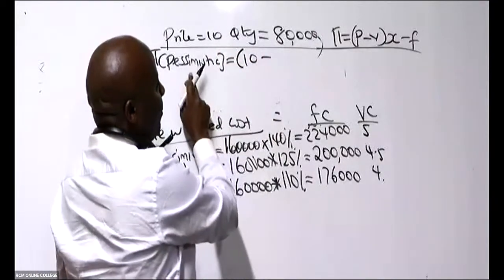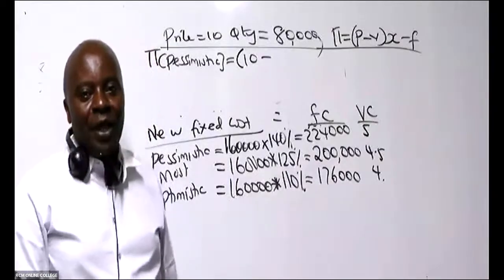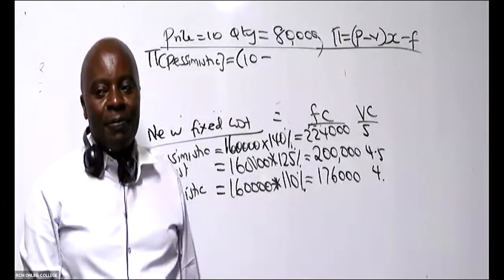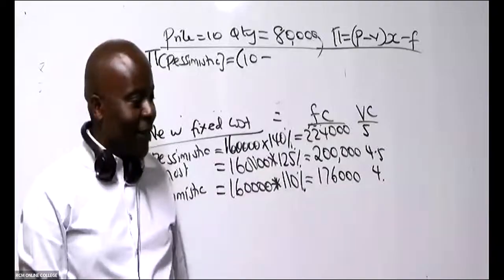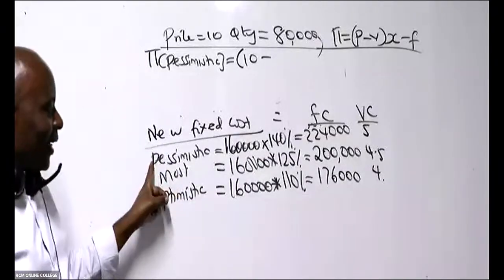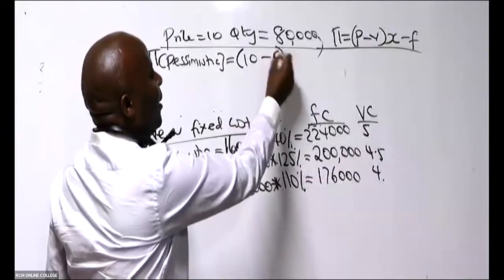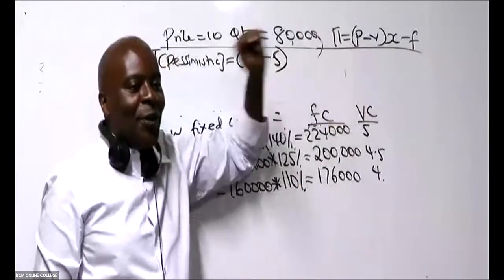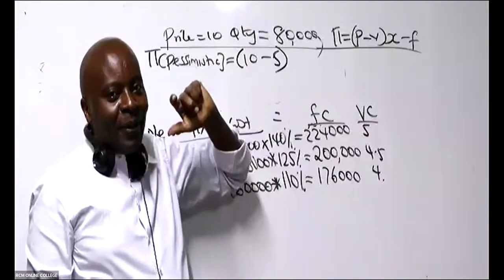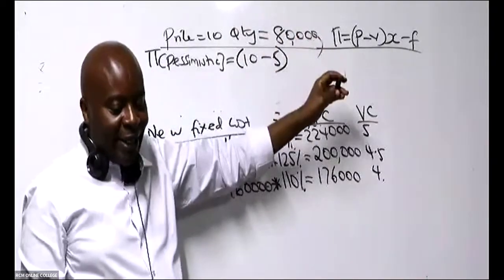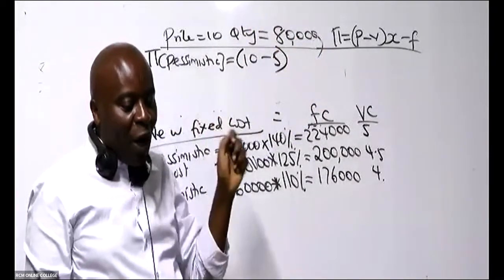If pessimistic environment prevails, what will be the variable cost? Pessimistic is 5. Multiplied by our quantity, following that equation for profit planning. So the quantity will be how many units throughout?